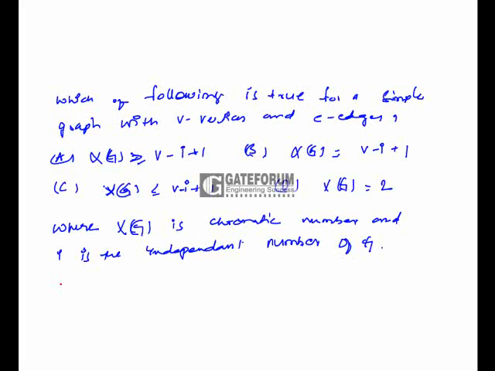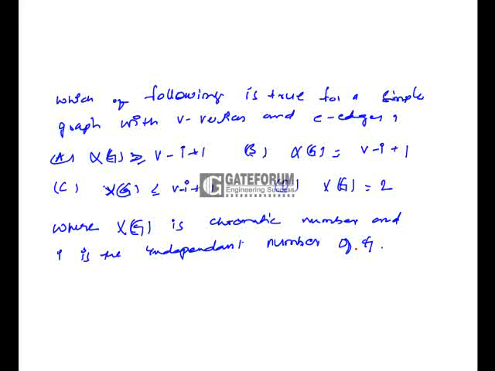Which of the following is true for a simple graph with V vertices and E edges? Here 4 options are given. Here chi of G is nothing but chromatic number and I is the independence number of the graph. As the independence number is I, I vertices are not adjacent.